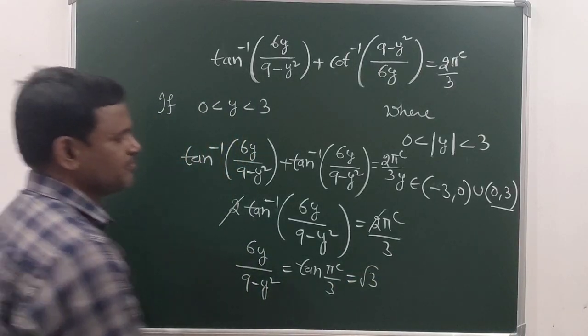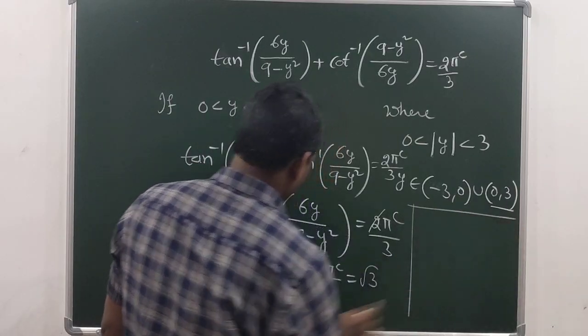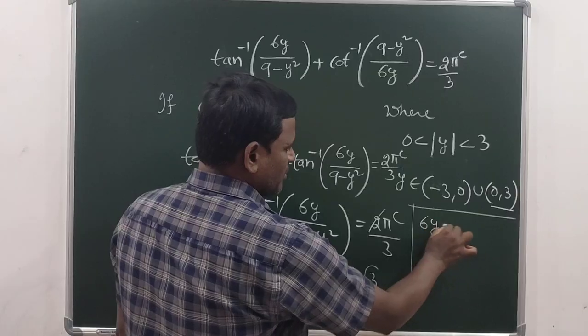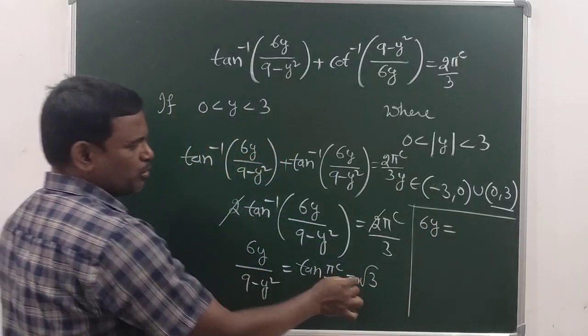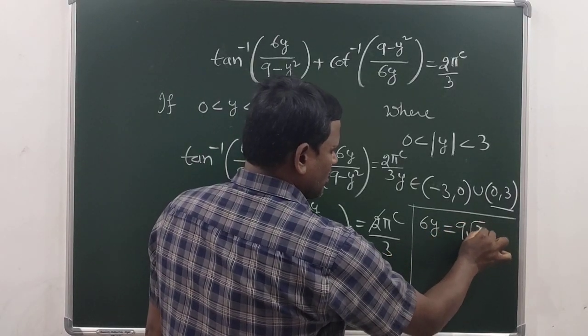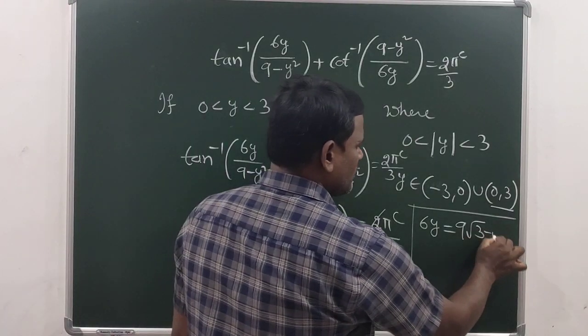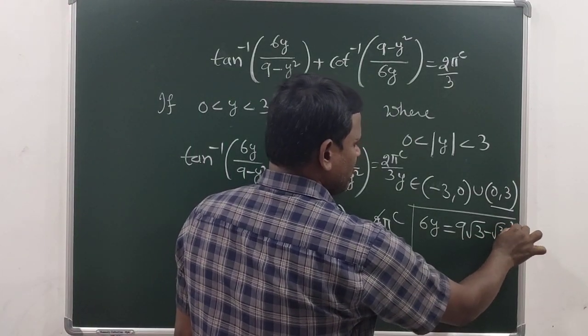Now solve it. So if you solve it, what do you get? 6y, which is equal to 9 root 3 minus y into this, minus root 3 y square.